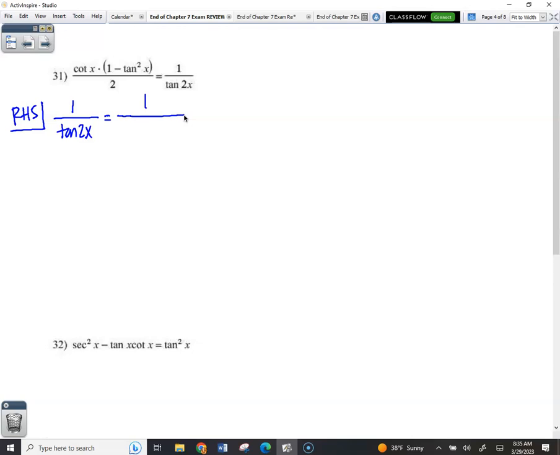Tan over 1 minus tan squared, okay. Okay, so this is a keep, change, flip. I swear it looks like I'm spelling a bad word backwards. You get this, right?